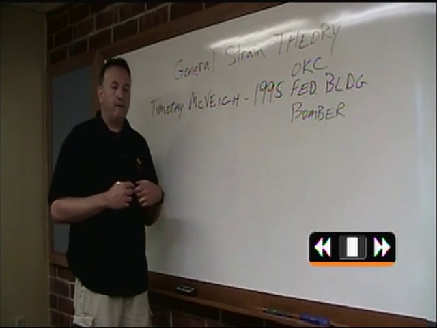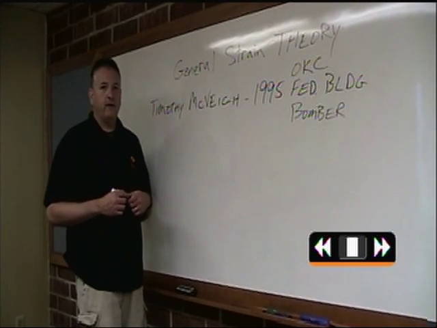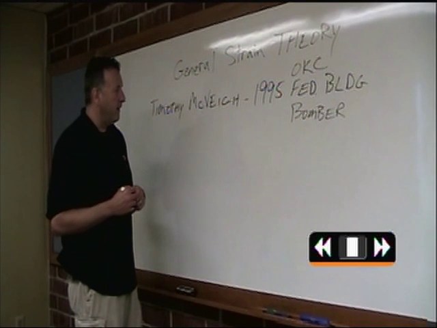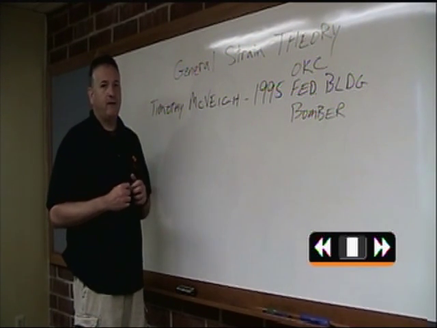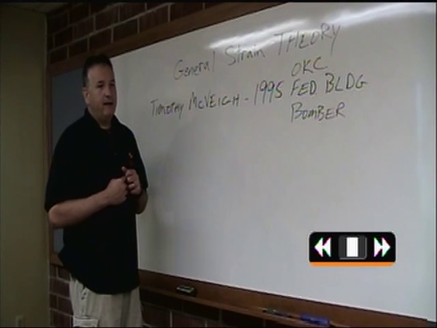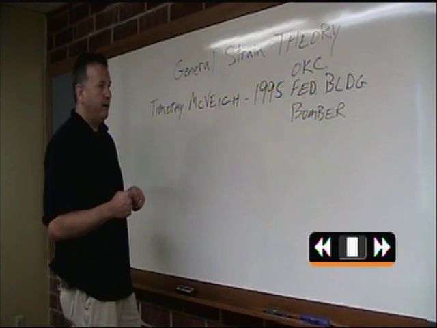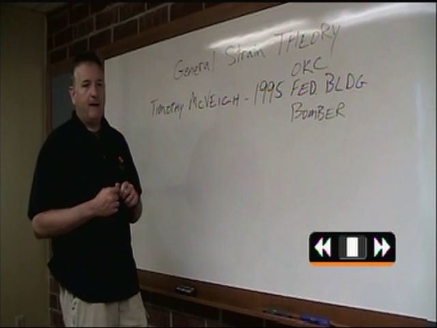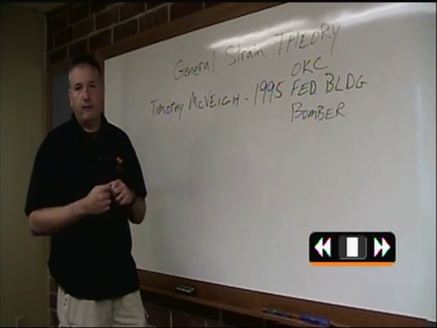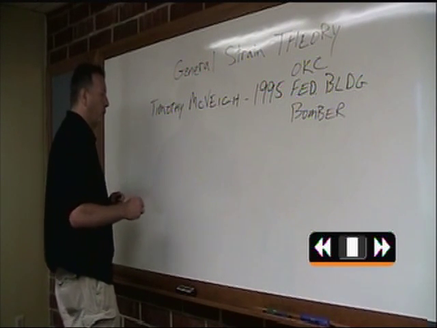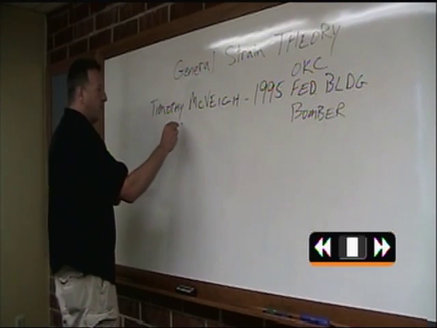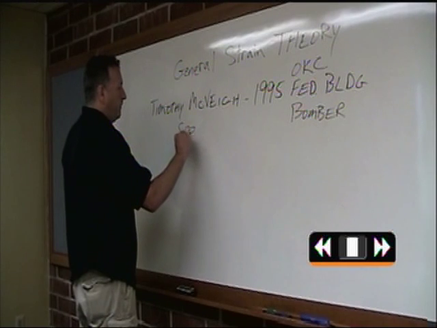Okay, class, I'm going to use the example of Timothy McVeigh with the 1995 bombing of the federal building in Oklahoma City, Oklahoma. To start with, we want to identify what was Timothy McVeigh's strain and how he fits into the general strain theory. Timothy McVeigh was born in 1968, and his grandfather was one of the biggest influences in his life.